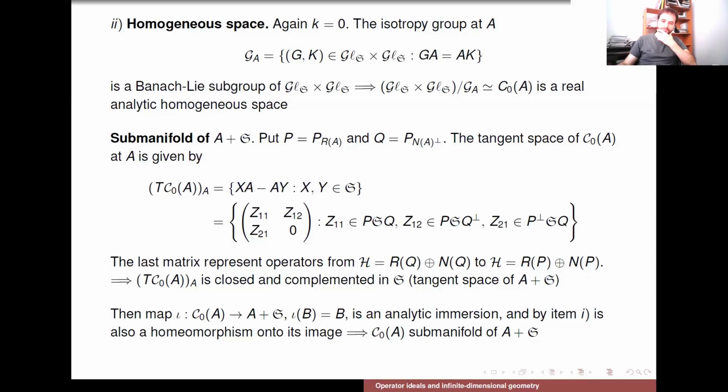This can now be easily seen to be a complemented subspace, because one has to fill this entry here to get a supplement, a closed supplement. So we get that tangent spaces are closed and complemented in the ambient space.